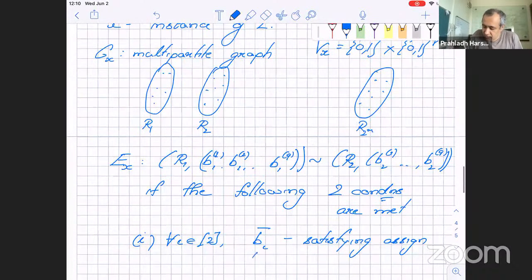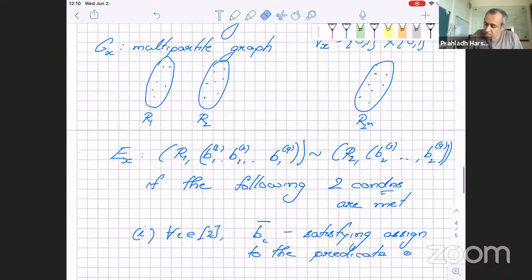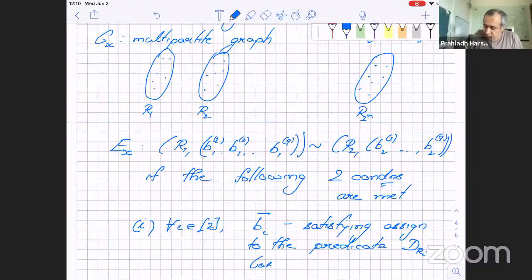to the predicate D_{R_i}, the predicate the verifier constructed based on randomness R_i.